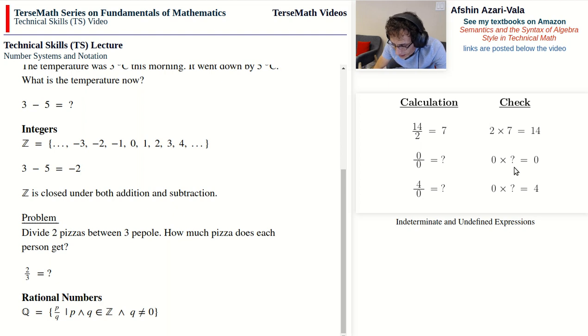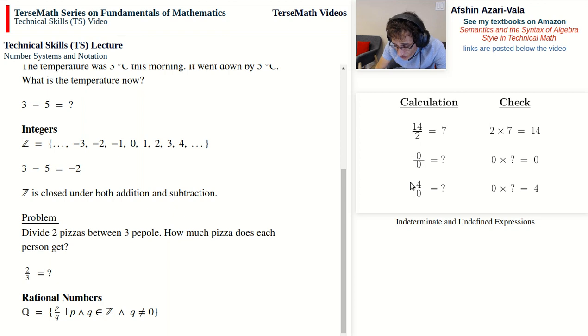I can put anything that I want, and it will always work. So the answer to 0 divided by 0 is that it can equal any number, not one specific value. We call these kinds of expressions indeterminate. Indeterminate expressions are expressions whose answer can be any number.